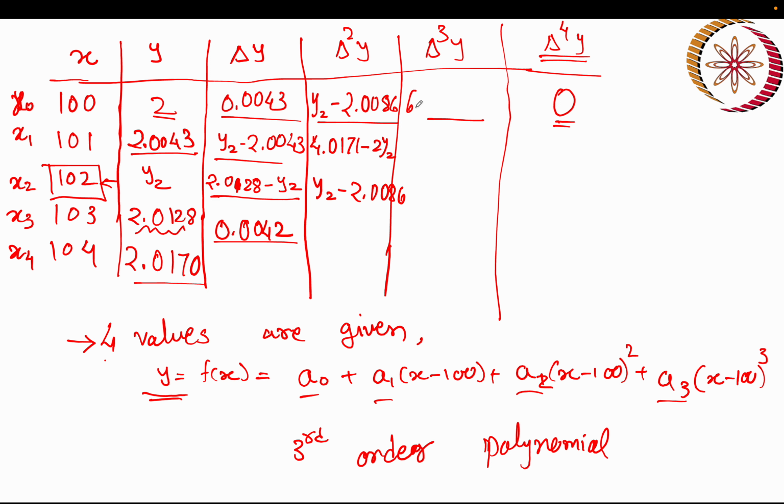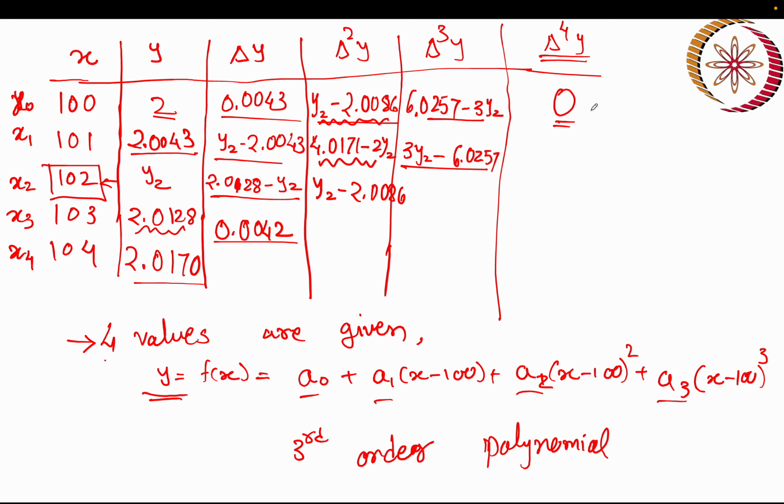In that case we are supposed to subtract this value from this one. So 4 minus plus 2.0086, so this will get added and it will give 6.0257 minus 3y2, and then 3y2 minus 6.0257.